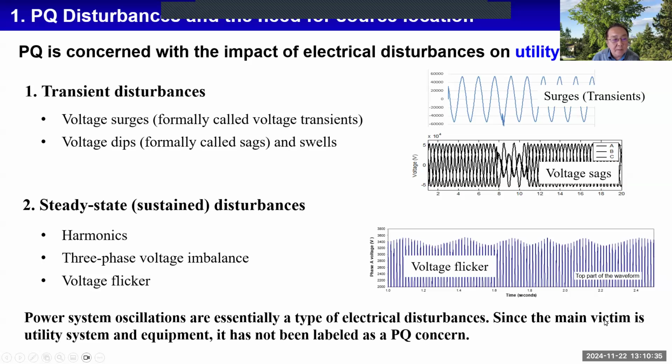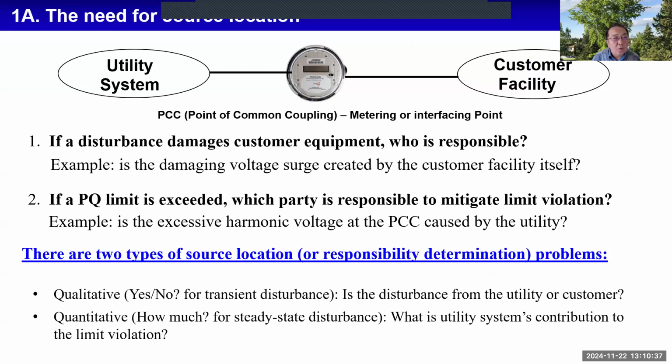From my perspective. Now, why do we need to find source locations for power quality disturbances? There are 2 reasons. The typical arrangement is this: we have a utility system, we have a customer facility, and there is a point of common coupling or metering point here.